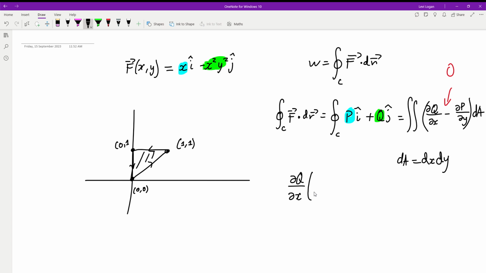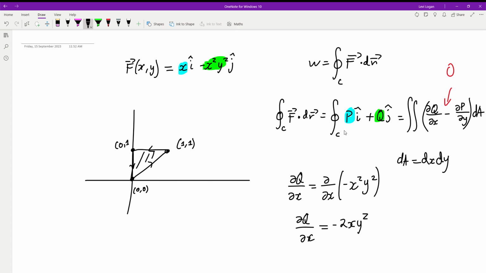Sorry, I nearly mixed up the terms there. So dq/dx is the partial derivative of all this. You treat y as a constant because it's a partial derivative with respect to x. So you move the 2 down the front, and we have negative 2xy squared.